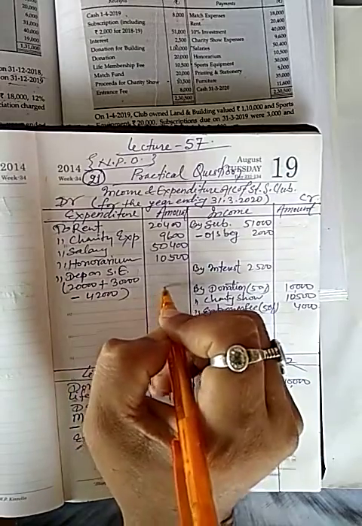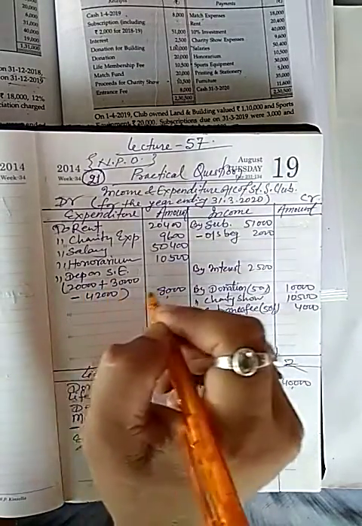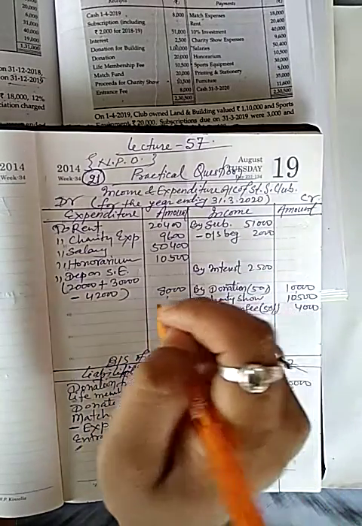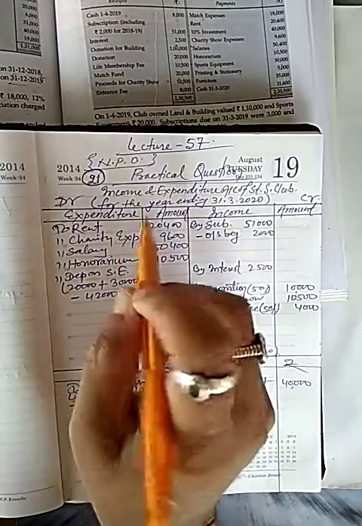So it will be 8,000. It means 8,000 will be depreciation on sport equipment, so I will write it on the expenditure side.